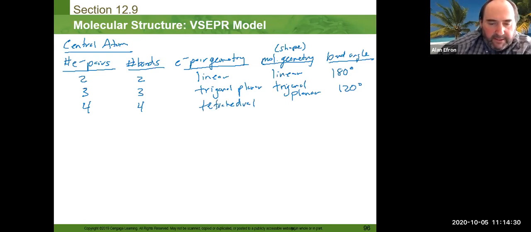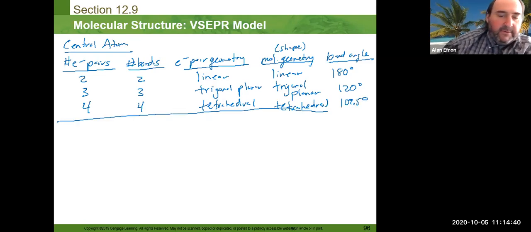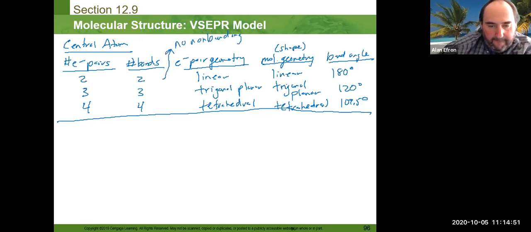Again, no non-bonding electrons there. It will give you 109.5 degrees. Up until this point, when you draw all of your Lewis structures, there will be no dots on the central atom, all bonds, so no non-bonding electrons. And both of these names are identical to each other.